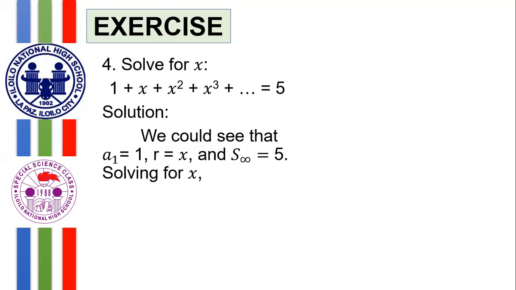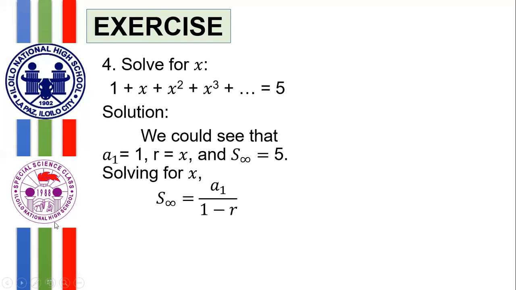So you have a common ratio of x, provided again that your common ratio is not equal to 0. And 5 here is the fixed sum. So S sub infinity here is 5.